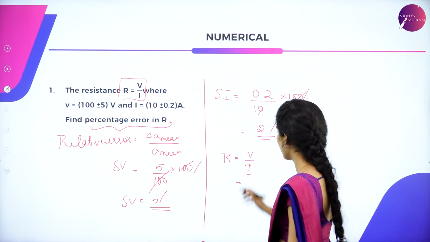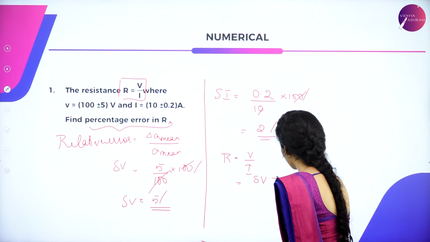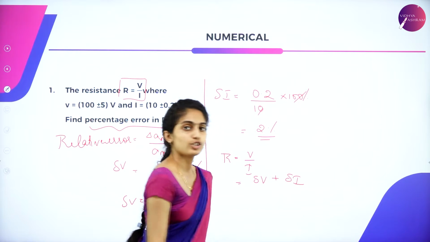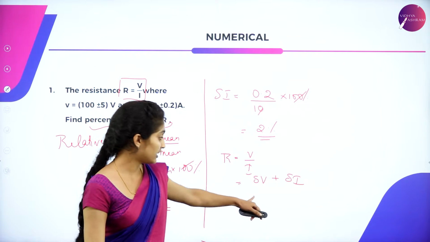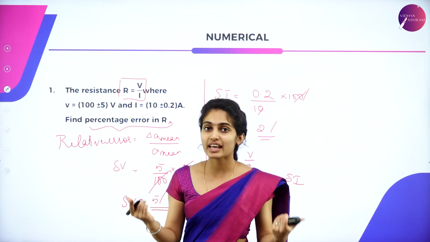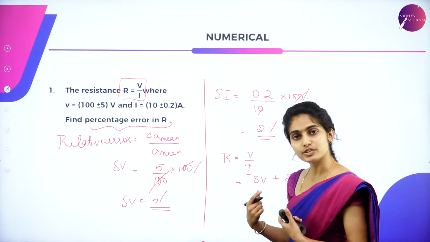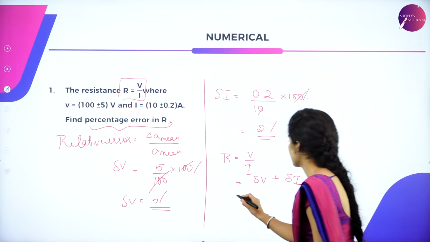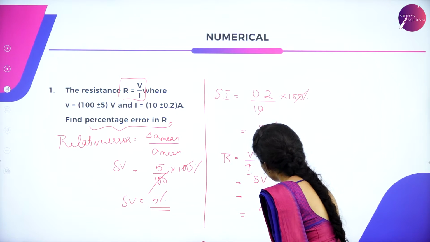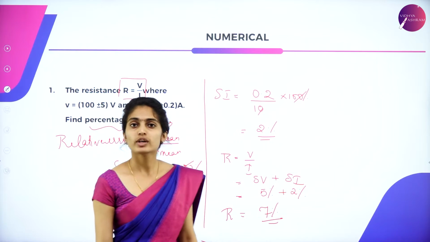The percentage error in V plus the percentage error in I. Even though it is multiplication or division, the final relative error in the result is always the sum of the errors of the individual quantities. So 5% plus 2% on the whole is 7% error for R.